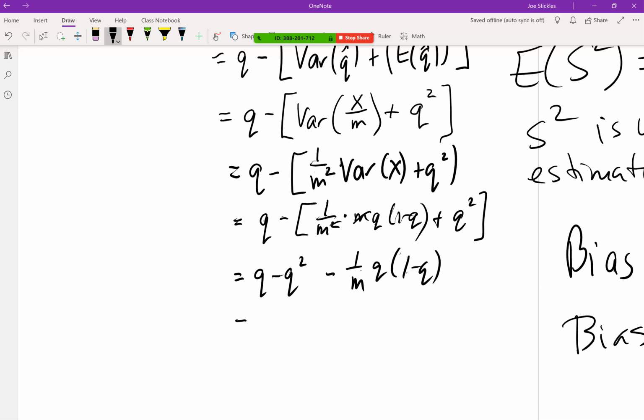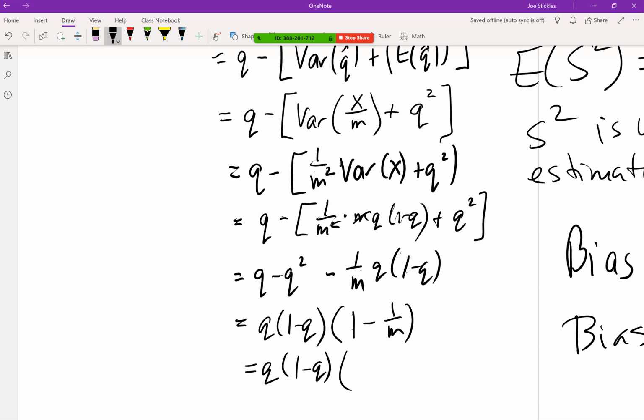So I'm going to factor that out. We'll be left with a 1 in the first part and a 1 over m in the second part. So we can write this as q times 1 over q times m minus 1 over m. Oops, not minus.